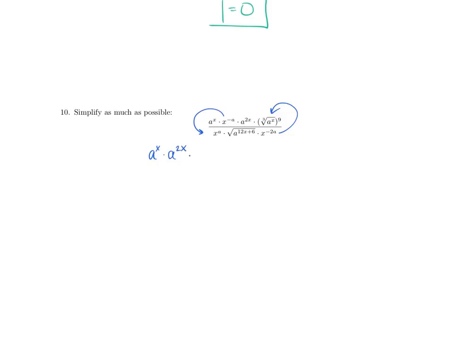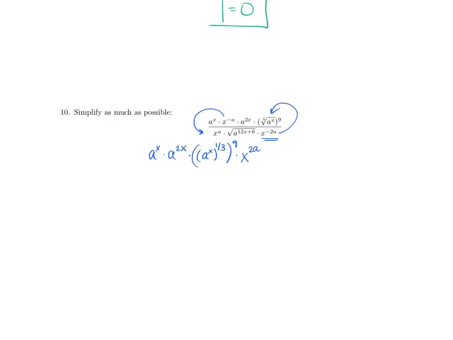So I have times, now this particular term, everything underneath the radical there, that's the cube root. So that's raising everything under the radical to the 1/3 power. So I have a to the x to the 1/3 power, and all of that is being raised to the 9th. And then I also have this guy who's coming up to the numerator because it had a negative exponent.